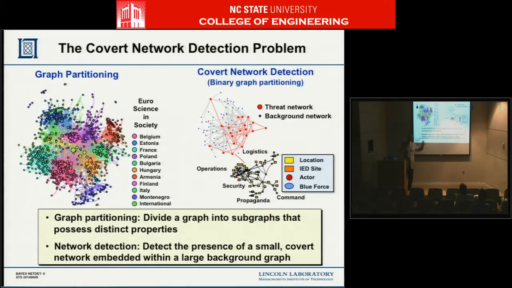You've got a big graph, and you want to divide it into pieces that are relevant to you, and the pieces might be countries, or different consumer groups, or the network you're trying to detect. So this is really a binary graph partitioning problem. You've got a big network, and you're basically trying to decide who's in and who's out. And how are you going to do that?